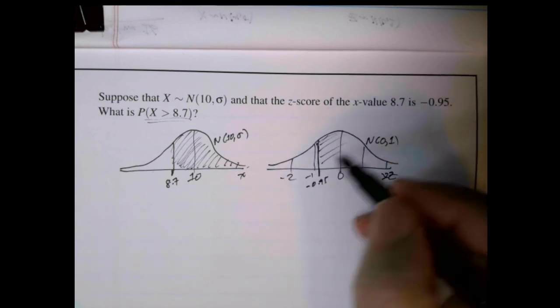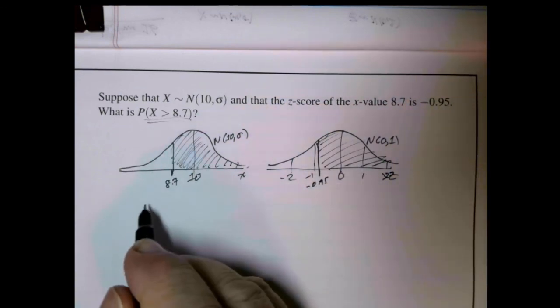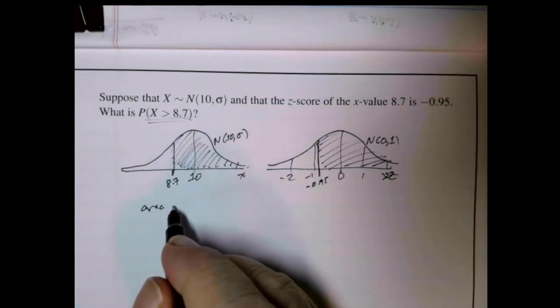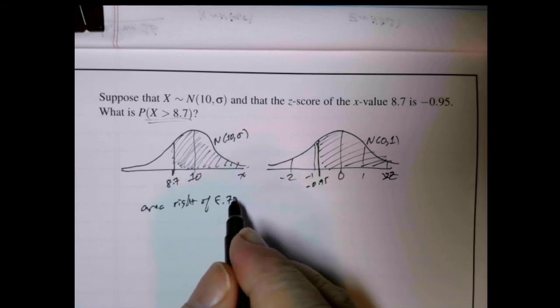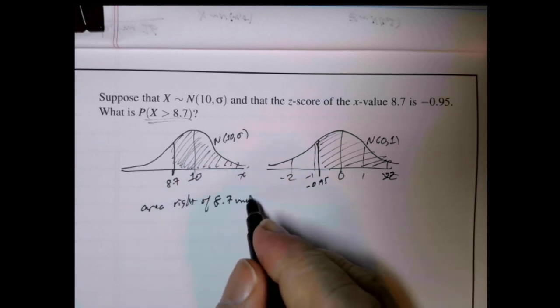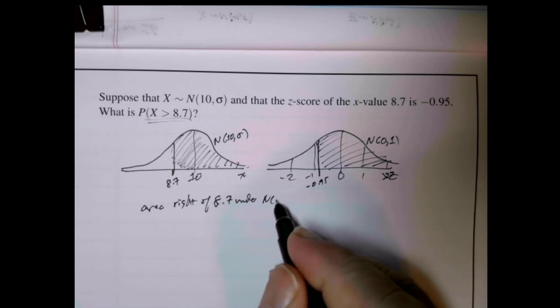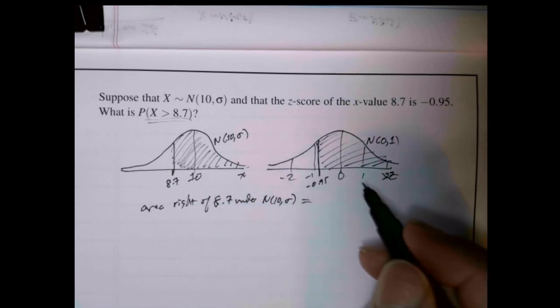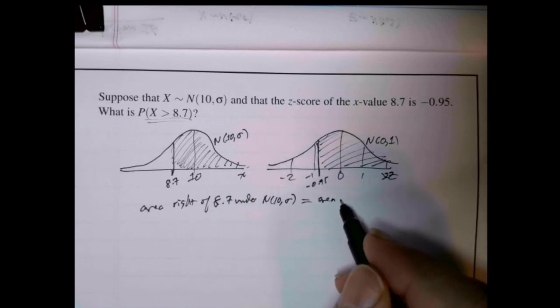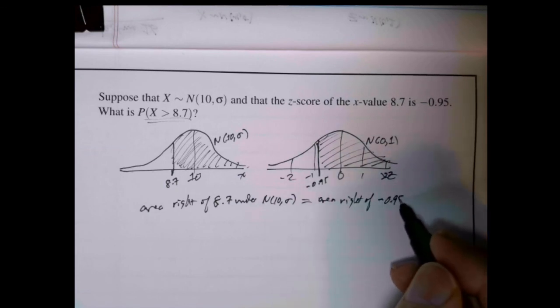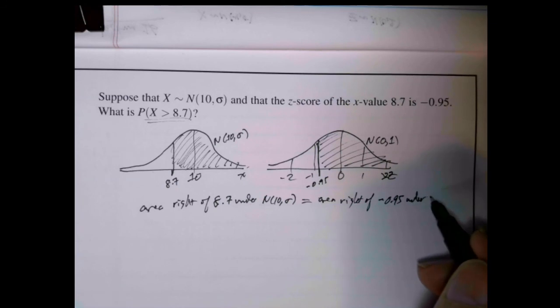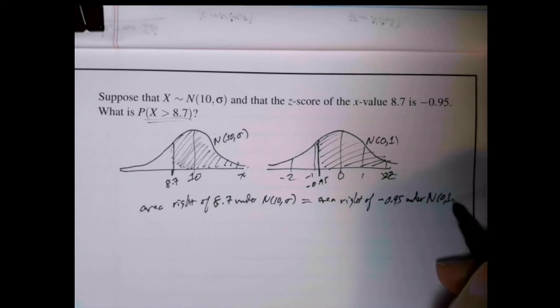And so the area right of 8.7 under this curve has to be the same as the area to the right of -0.95 under the standard normal curve.